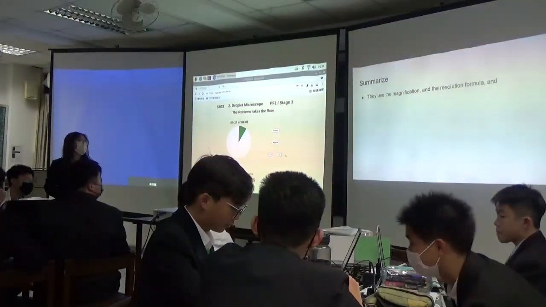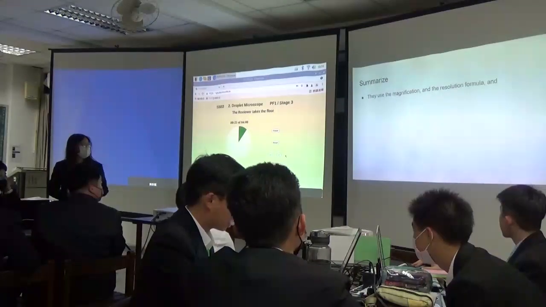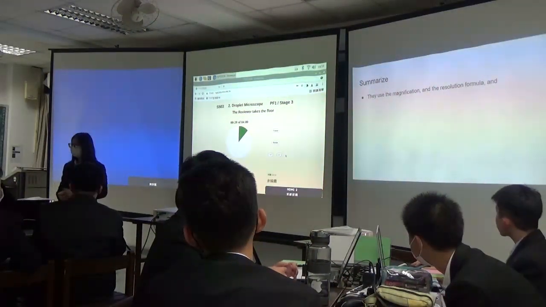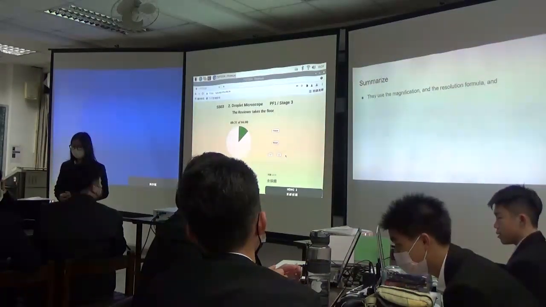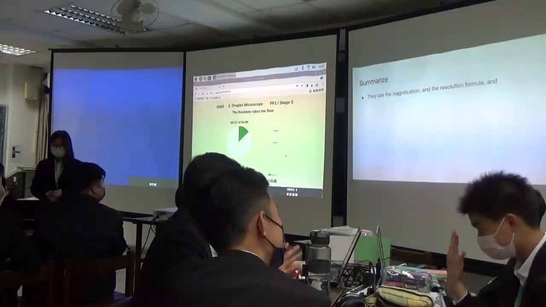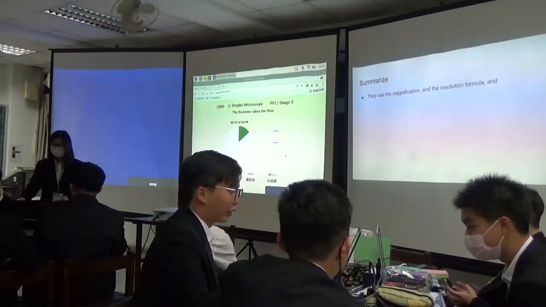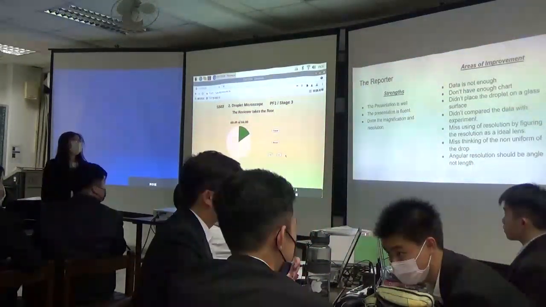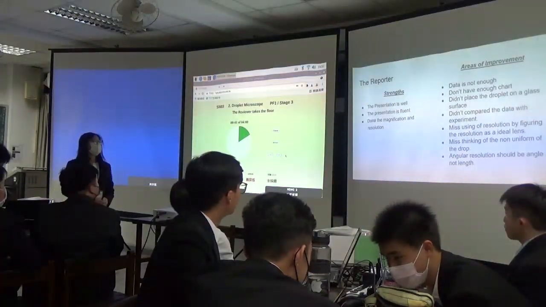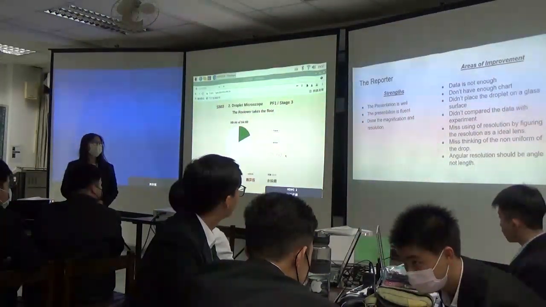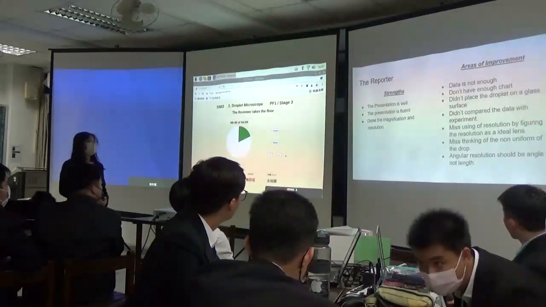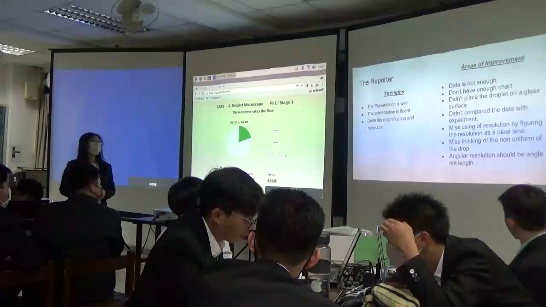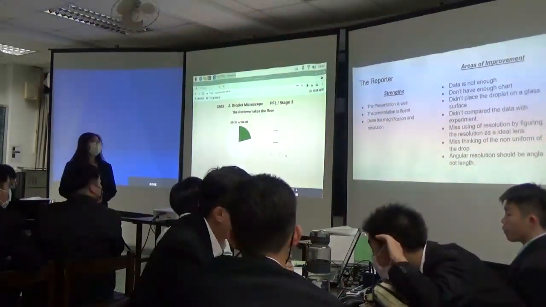So first, to summarize, they use magnification and also the resolution formula to try to observe their results. Okay, so first for the reporter, I want to talk about their strengths. Their presentation is good and quite fluent, and they did answer the question, the magnification and also the resolution of the droplets.